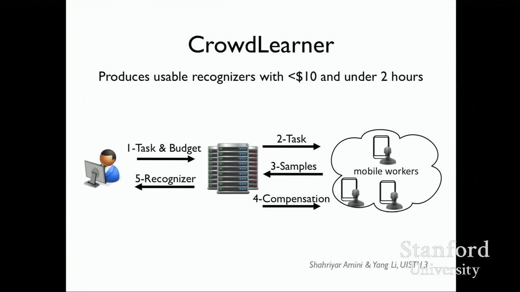So we took this crowdsourcing-powered recognition further by developing a general platform for generating recognition techniques. Briefly, the idea is that the developer can describe a recognition task in this platform called Crowd Learner. It then distributes the recognition task to mobile workers.